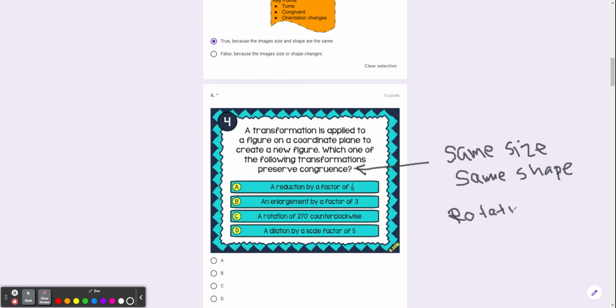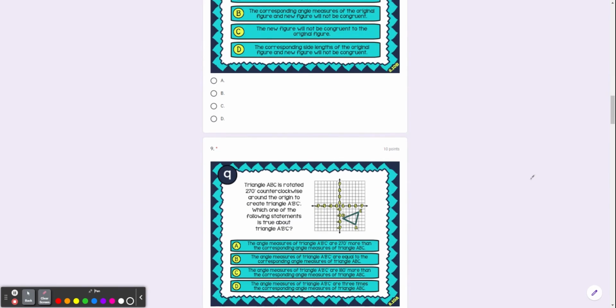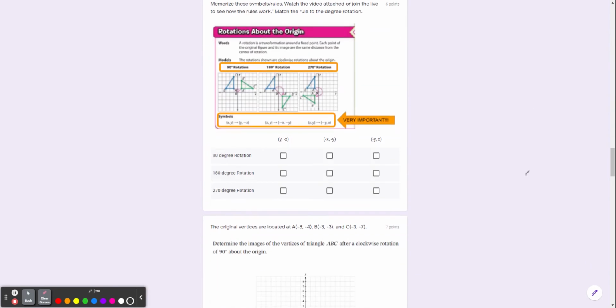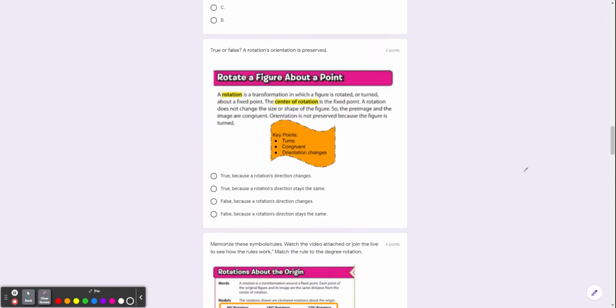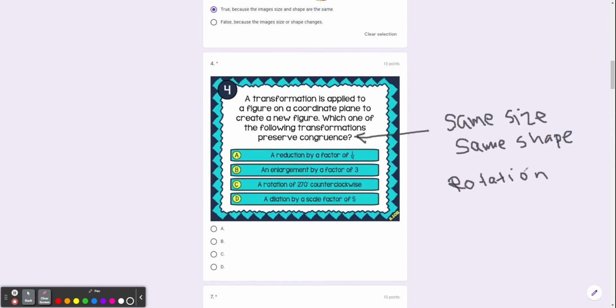We also learned, if I think about the cheat sheet that we created, which I included as well, that the only one that isn't congruent is the dilation. So let me add that up here. The rotation, the reflection, and the translation all maintain congruence.